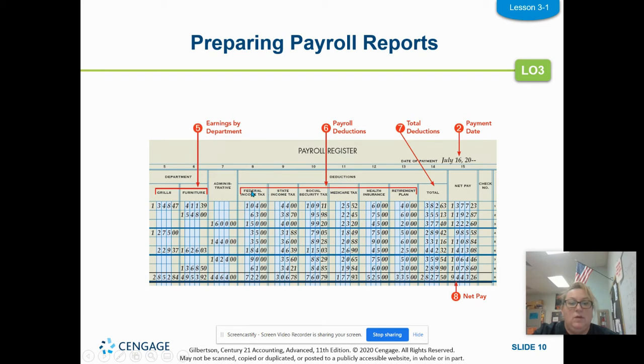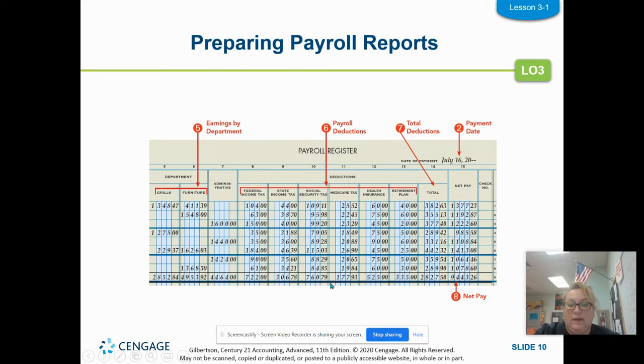All they did was break it up into what department took up what part of the salary. Then we have our federal, state, Social Security, Medicare, retirement, and health insurance. We have all of our deductions totaled here. And then we have our net pay that we calculated. We took their gross pay and subtracted out our deductions to get our net pay.